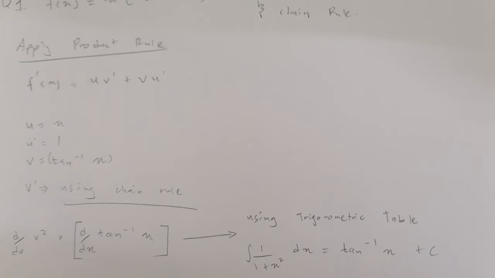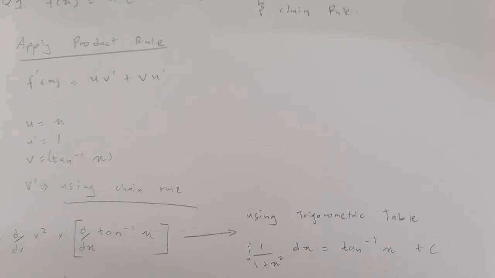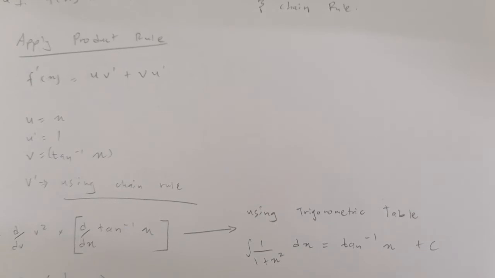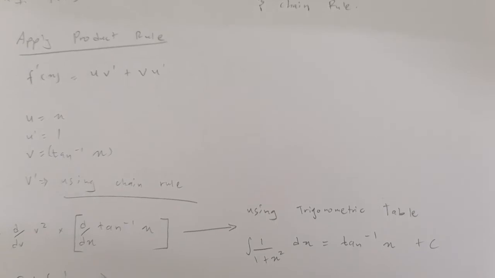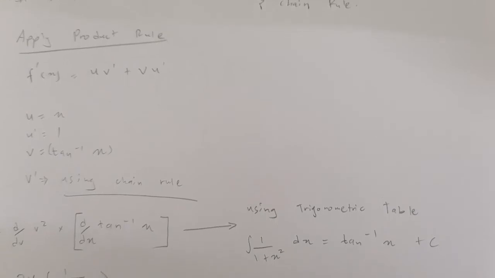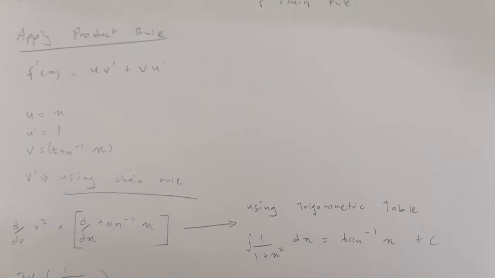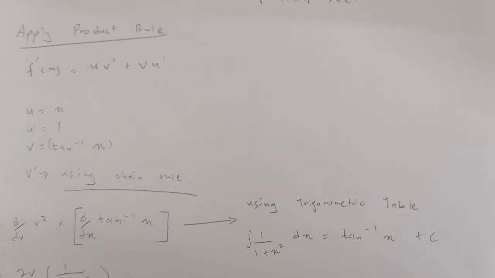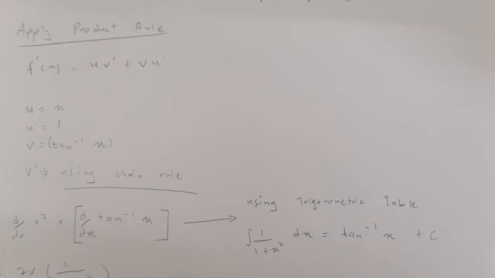And then we choose u equal to x. Differentiate it, we get 1. V is inverse tan x squared. Differentiate it, we use chain rule because it's complicated. Chain rule is like this.